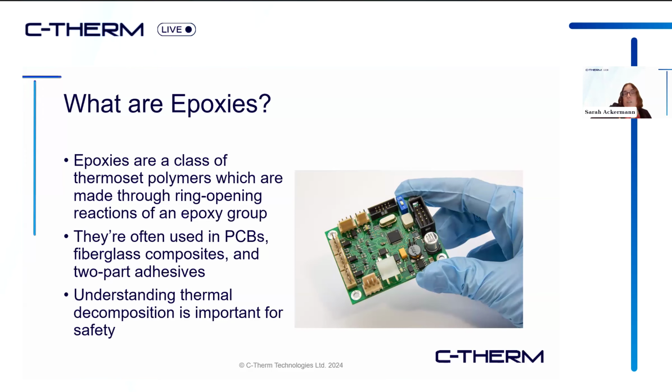If it's being used in construction, for example, how does the epoxy material burn in the event of a house fire? Or if it's being used in an electronic, how much energy needs to be applied to it before the board will start to combust? Those are important safety considerations to be aware of.